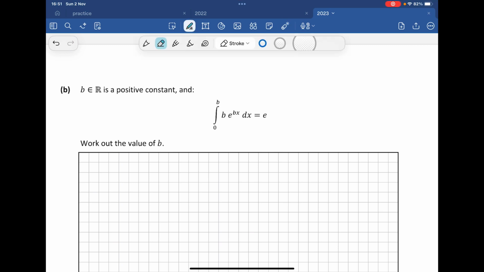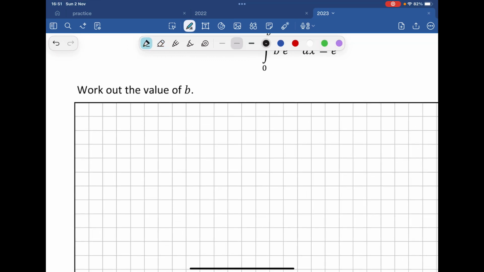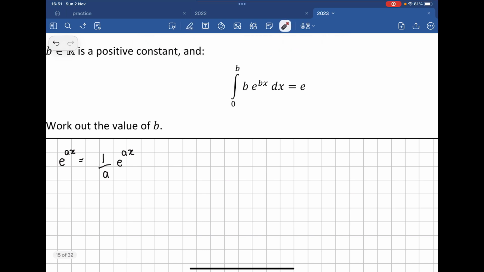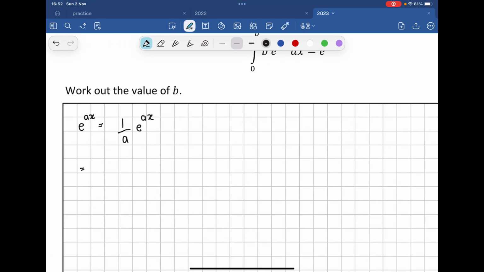In the log tables book, we have the integral of e to the power of a constant multiplied by x is equal to 1 over a, which is a constant, multiplied by e to the constant by x. Do you notice anything? That's right here. Which means that we can rewrite this function to be b multiplied by 1 over b e to the b of x.